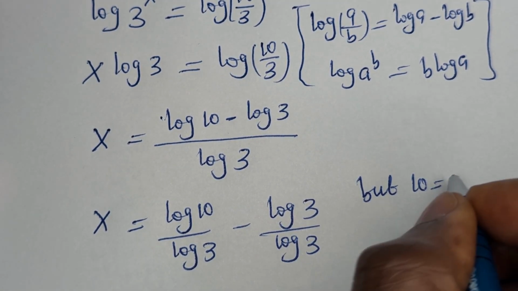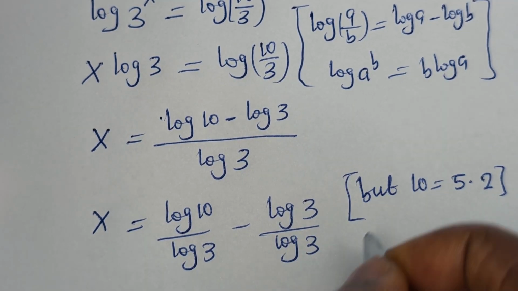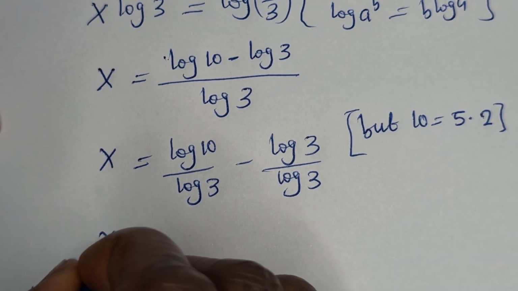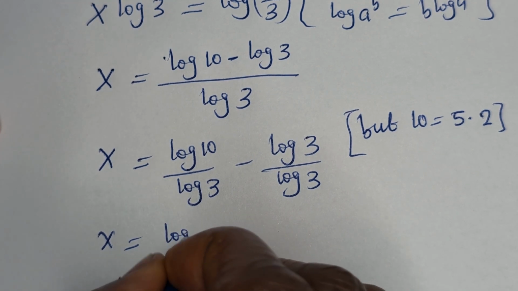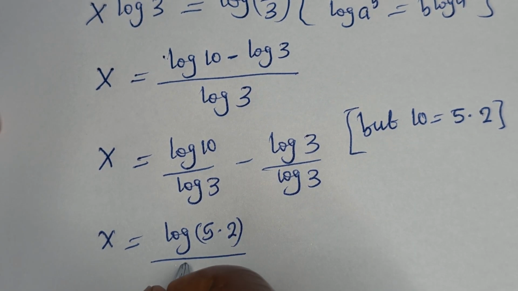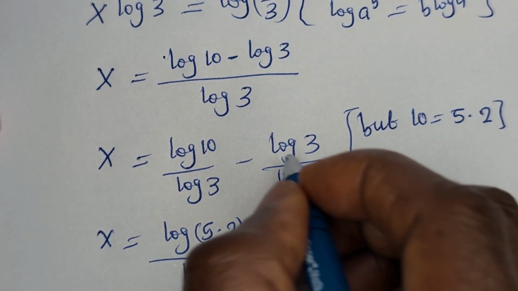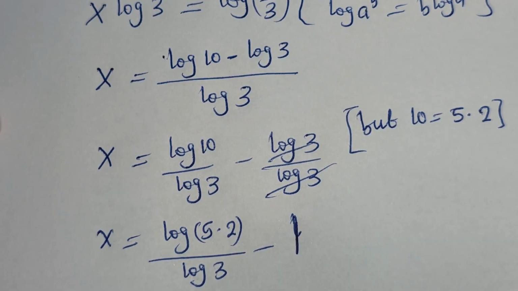But 10 is equal to 5 multiplied by 2. s is equal to log 5 multiplied by 2 over log 3 minus this, cancel this, that is 1.